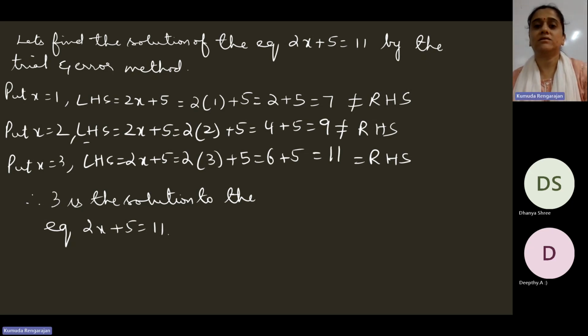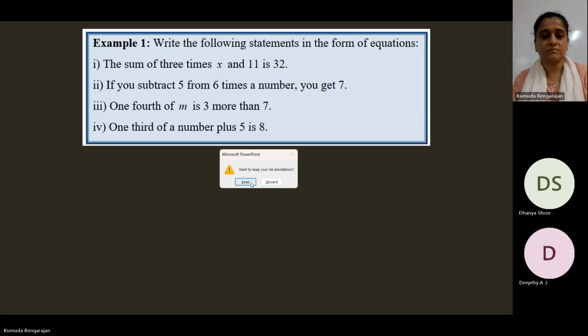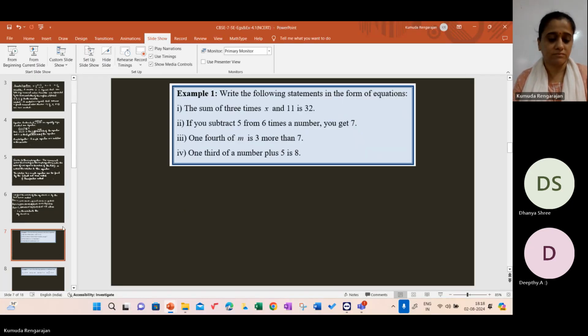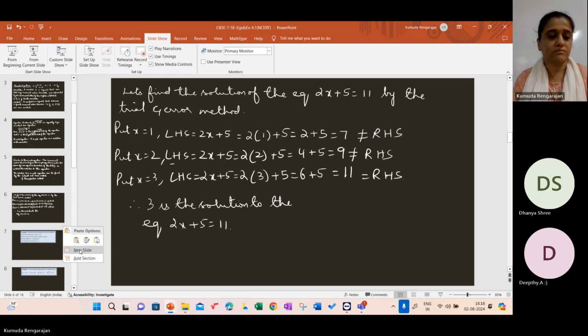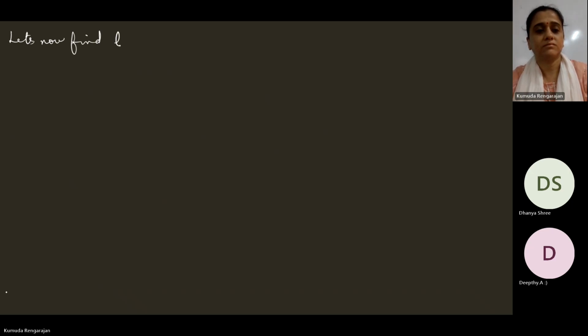Now we'll find the solution to this equation by the transposition method. Write down along with me.